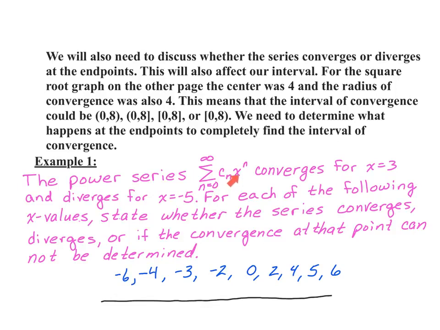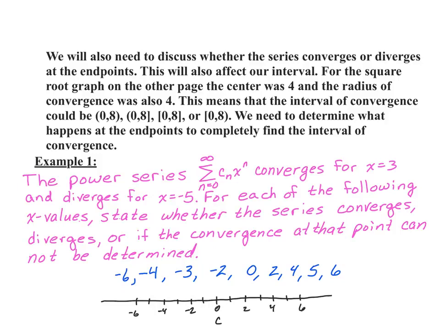It's centered at a equals 0, and so I'm going to think about this in terms of this number line right here, and I'm just going to mark this off, 0 being the center, and we know that it always converges at the center. We're going to have 1, 2, 3, 4, 5, 6 this way, 1, 2, 3, 4, 5, -6 this way. I'll mark off a few points here.